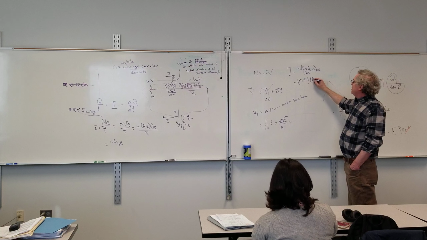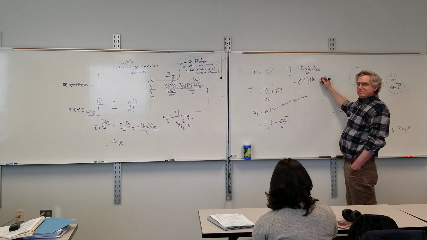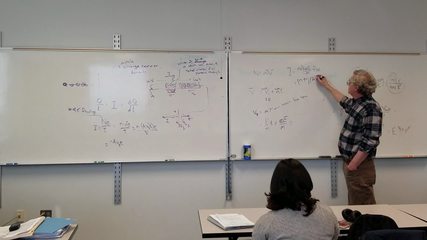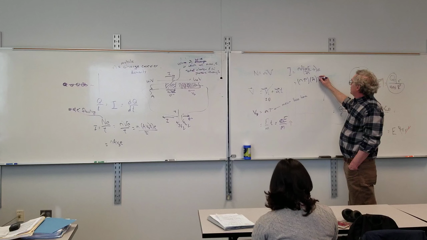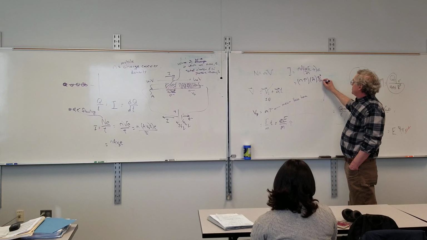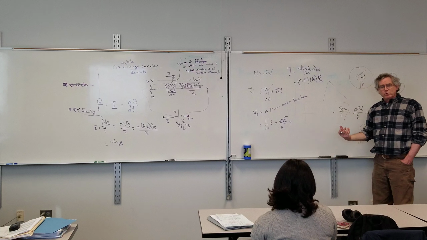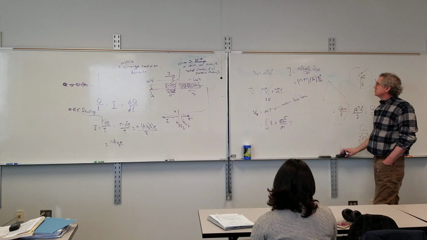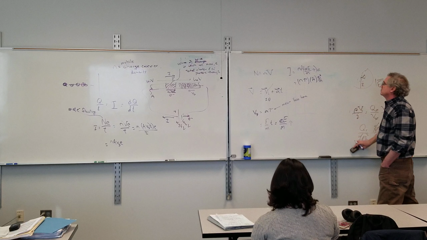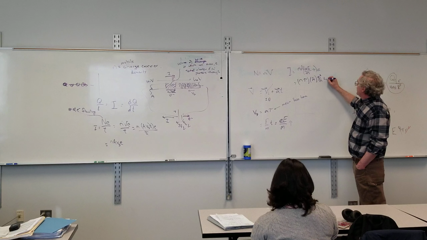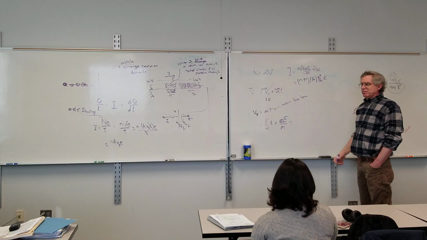A, the cross-sectional area of the wire, is dependent upon the wire itself. e squared over m is dependent upon the charge carrier, which we're assuming is an electron right now. And I'm left with the electric field, which is dependent upon some external source.